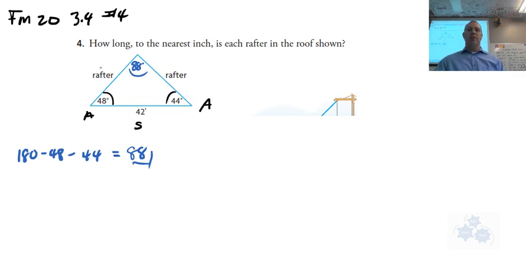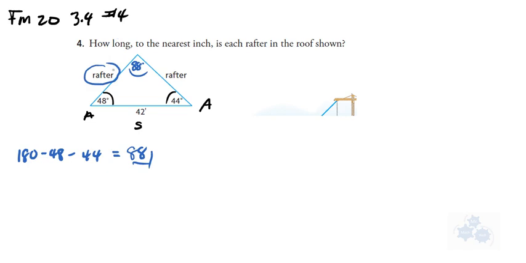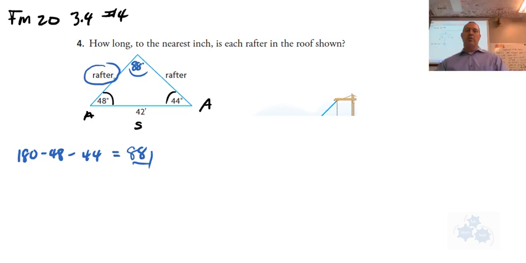What can we do to find either one of these sides right here? All right, so what we're going to use here is the sine law. Why? Because I have an angle and side pair, and I can use that to find this missing side here.